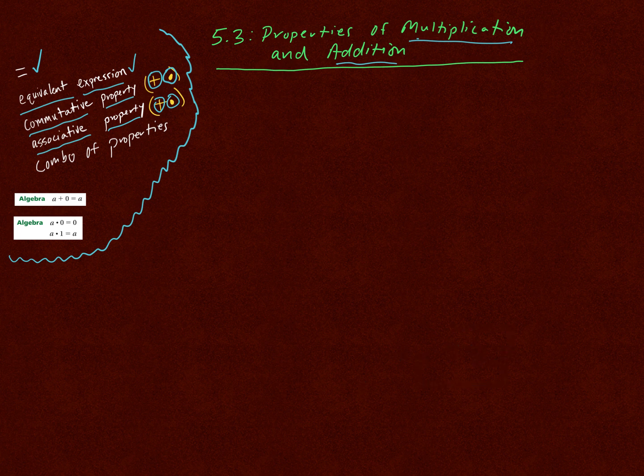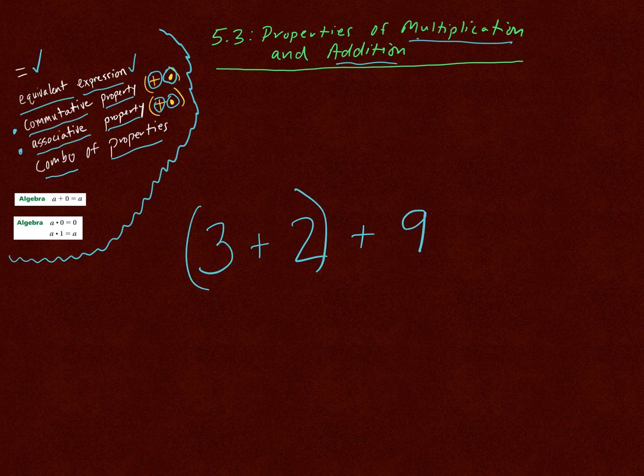Okay. And then the last thing just to be aware of is you can do both at the same time. You can do commutative property and then associative property in the same math problem. So let's say I have 3 plus 2 plus 9, and I throw in some parentheses.